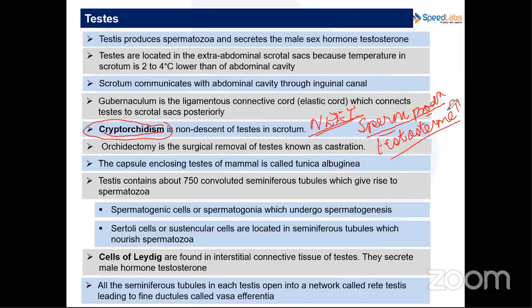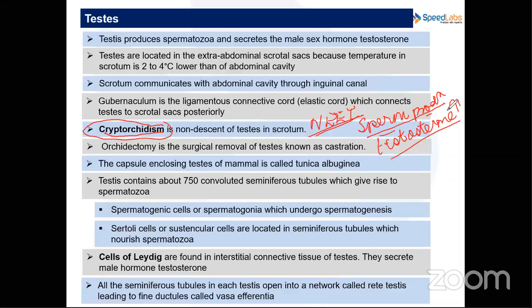FSH is responsible for spermatogenesis. I will tell you the hormonal control of spermatogenesis. There is FSH and LH. LH's name is different in the case of male: it's ICSH, interstitial cell stimulating hormone.